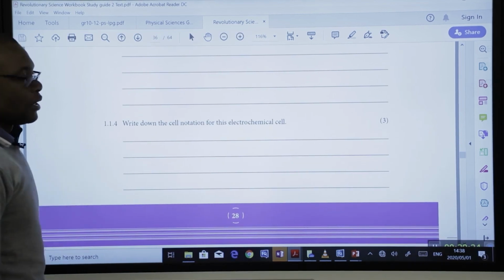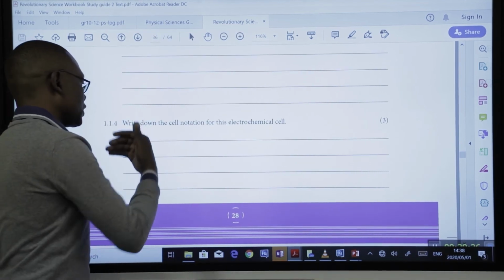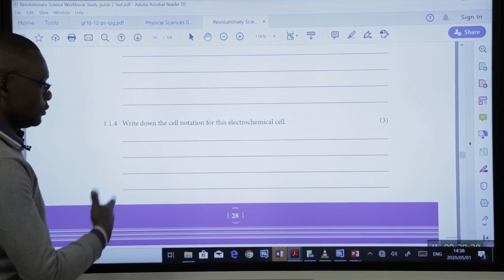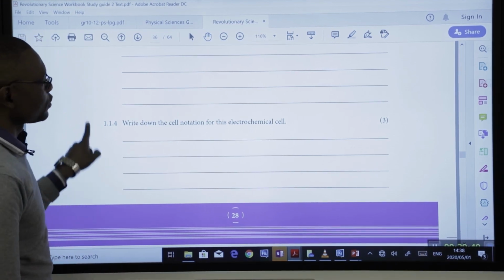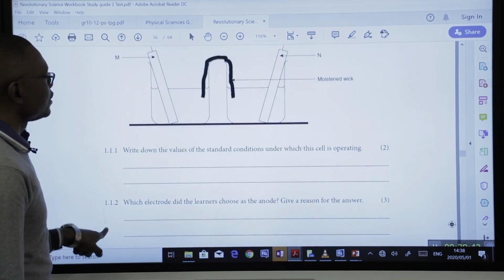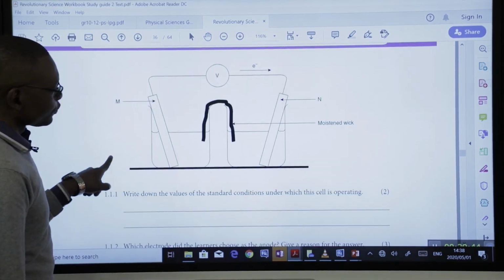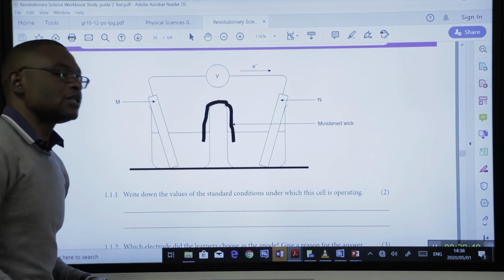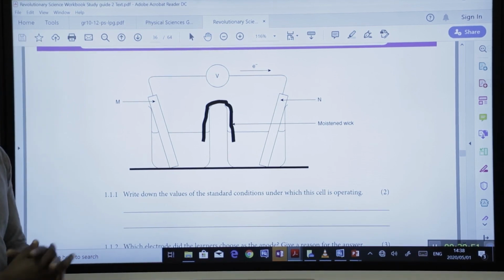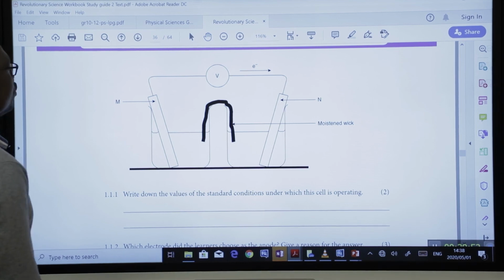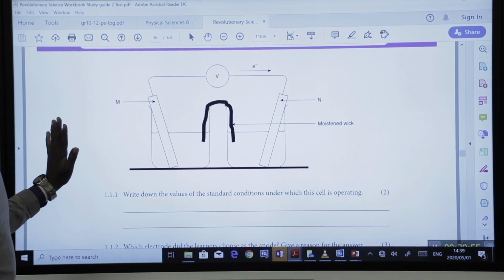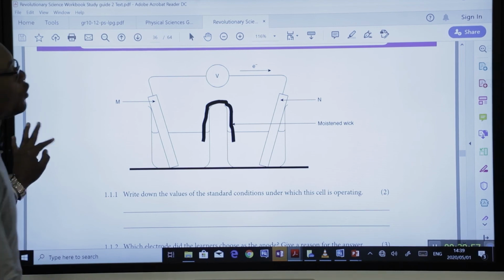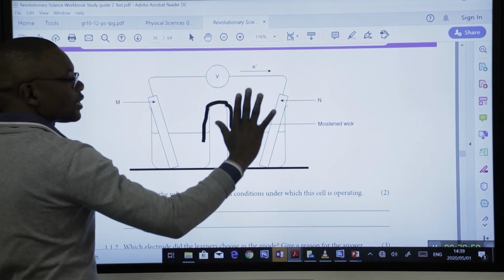So lastly, like I said earlier on, you are expected to write down the cell notation for this electrochemical cell, and we agree that for a voltaic or a galvanic cell, always what you have as the anode is represented on your left, and what you have as your cathode is represented on your right.